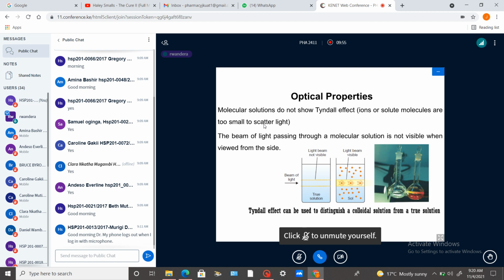So this is what I'm just trying to explain, when you have your molecular solution and your colloidal solution. If you pass a beam of light through these two solutions, in one you will see what we call the Tyndall beam or the Tyndall cone. There will be a visible beam as in a colloidal solution as compared to a molecular solution.